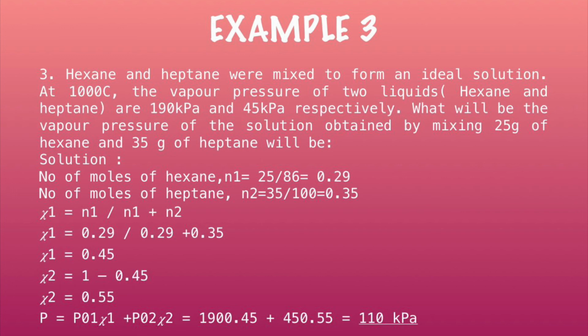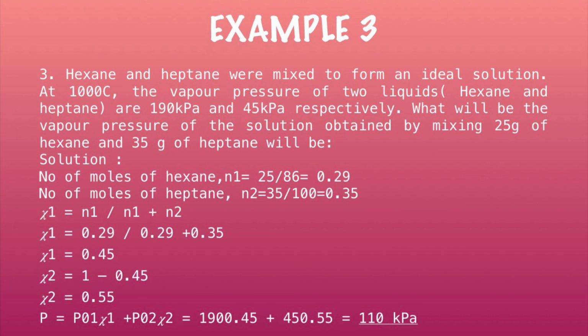Then we have our equation that says x1 equals n1 divided by n1 plus n2. So we have all the calculus here, and we have a result of 0.45. And for x2, we subtract 0.45 from 1, which gives us a result of 0.55.